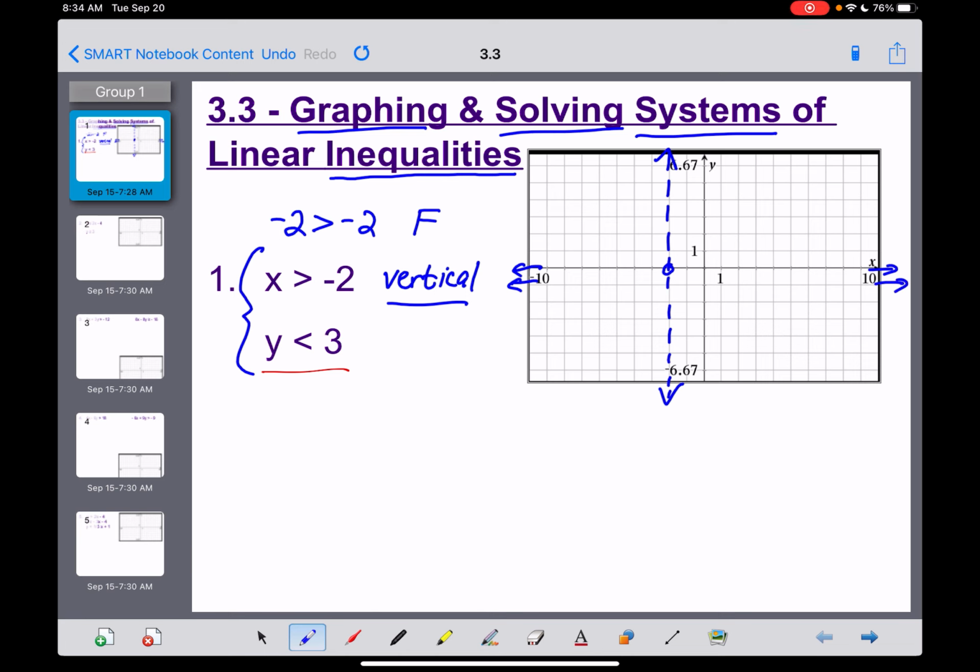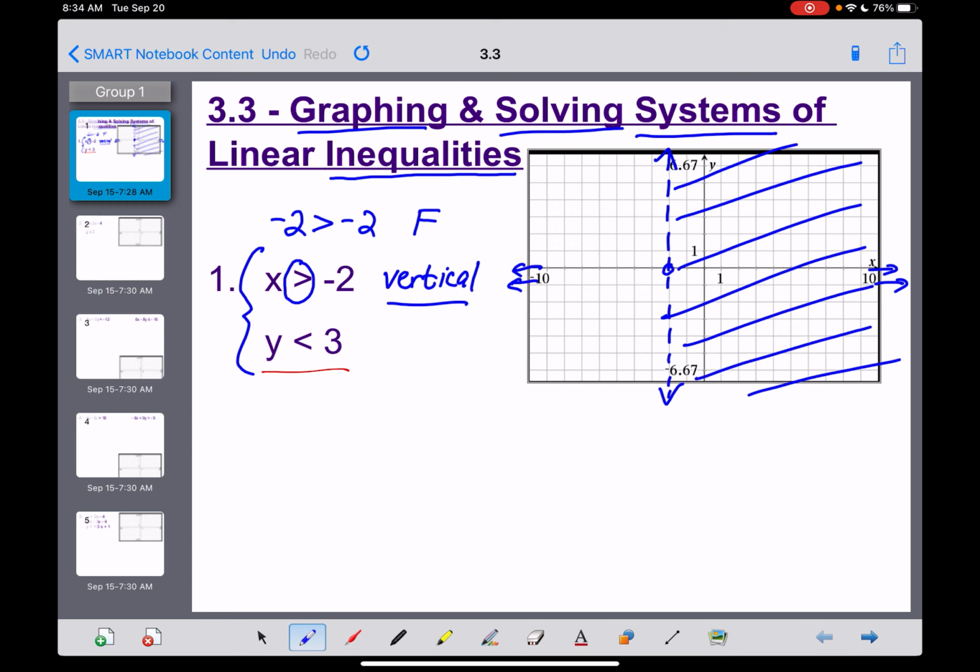And since we want to know all points that have an x value greater than -2, greater means we shade to the right. So I would shade the entire right half of this graph here. Every point that's in that shaded region now satisfies this statement. Every point on the right there has an x-coordinate greater than -2. Okay, that wasn't too bad.